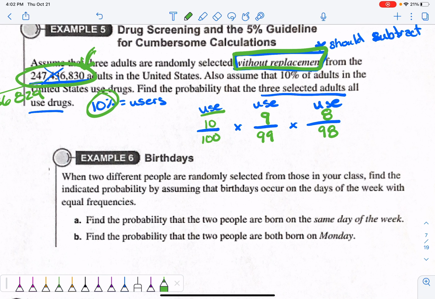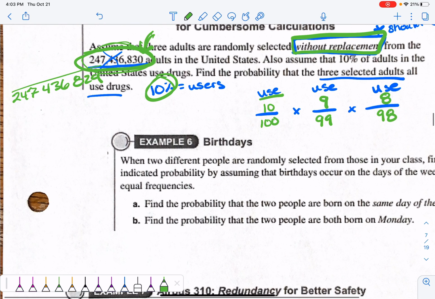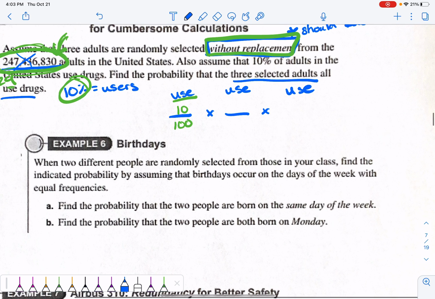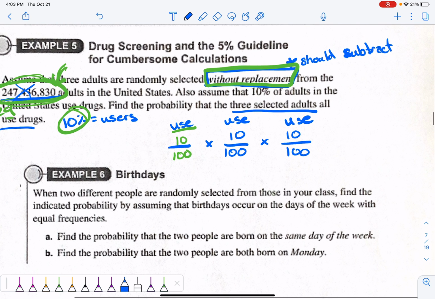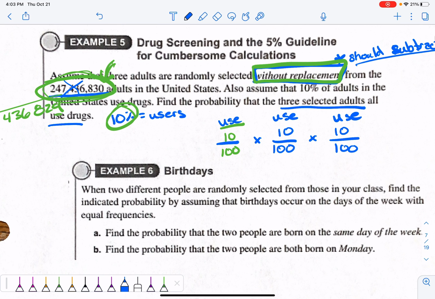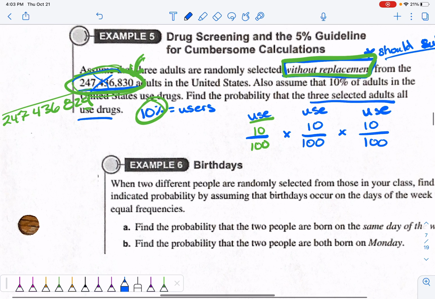So this 10%, because it's a percentage, we're not going to subtract, because this number is so large that even if I subtract 1 from the bottom number, it's going to be so close to 10%, it's going to round to 10% anyway. So I'm going to leave it as 10% rather than subtracting, and that's the reason why we don't subtract from the bottom number. We still use 10 over 100, even though we should subtract, we're not going to because we have such a large number. I hope that made sense. If I subtract 1 from this number, it will still end up being basically 10%.